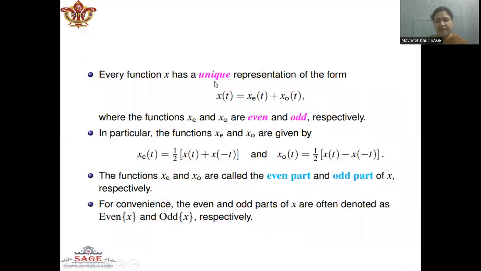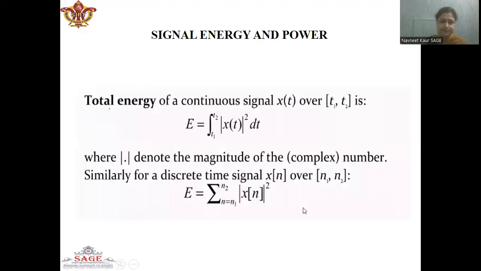Now, every signal x of t is made up of even and odd components. We can find the even and odd components of any signal. The even component is given as x of t plus x of minus t divided by 2, whereas the odd component is given by x of t minus x of minus t divided by 2. So here x e is the even component and x o is the odd component of the signal.